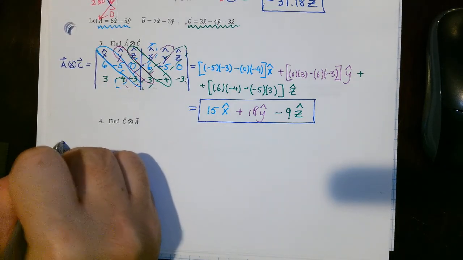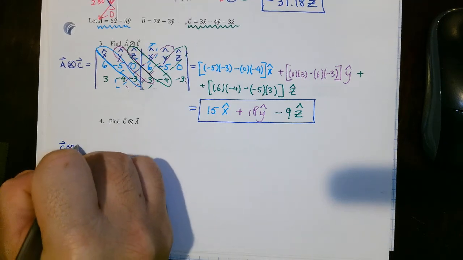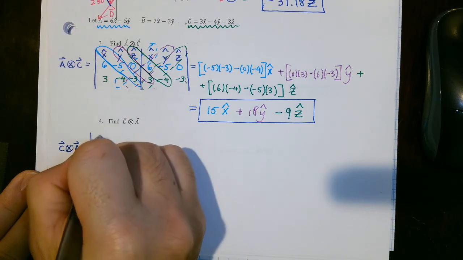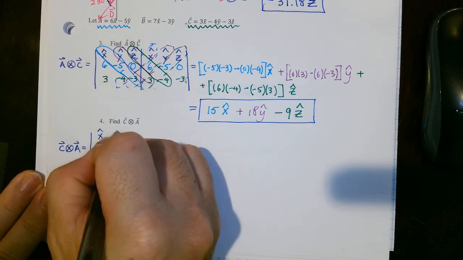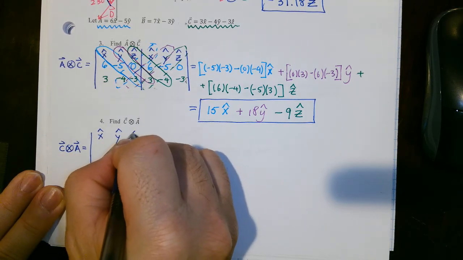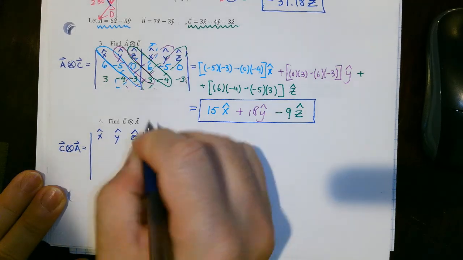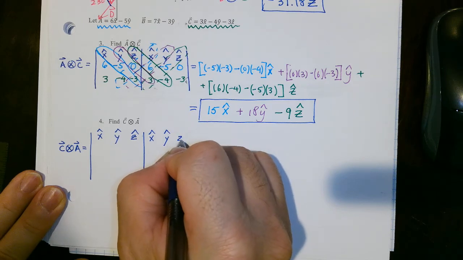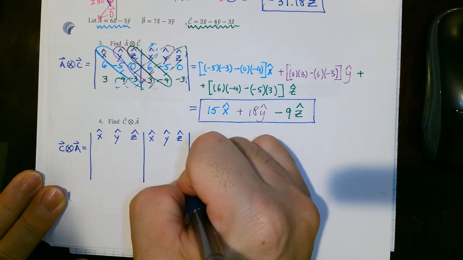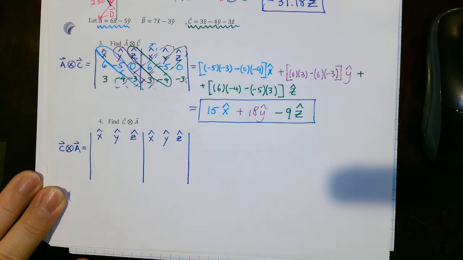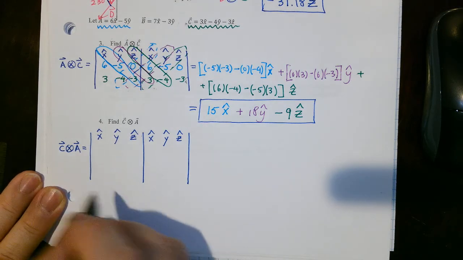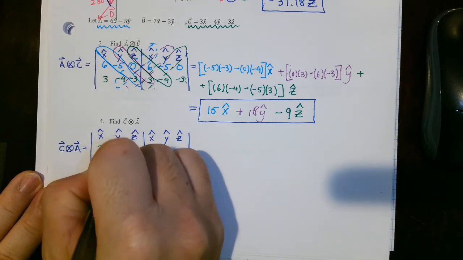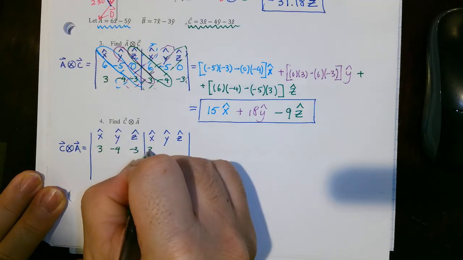So C cross A is equal to the determinant with x hat, y hat, z hat, and then this time we're going to put c down first, which is 3, negative 4, negative 3.